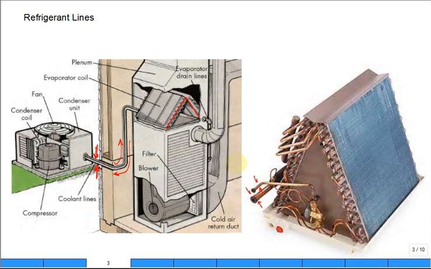What is being supplied to this A coil? What is it in that line coming in? Liquid. Liquid, right? So what's coming out going back toward the compressor? Vapor. That's right, vapor.